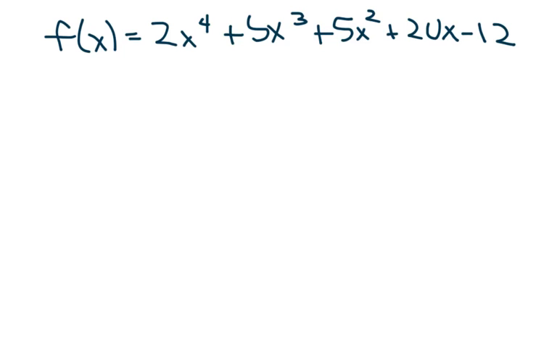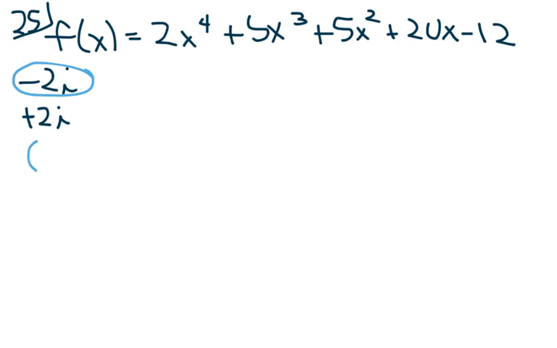So the zero is negative 2i, so we know the other zero is positive 2i. You might want to follow along in the book, but they give you this zero here. And so basically it's just like 23, when you do x plus 2i times x minus 2i, you're going to get x squared plus 4.